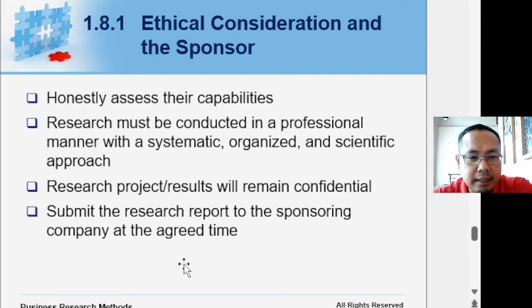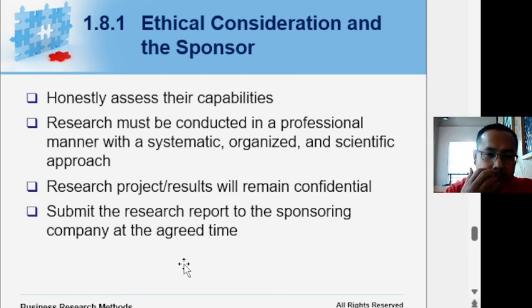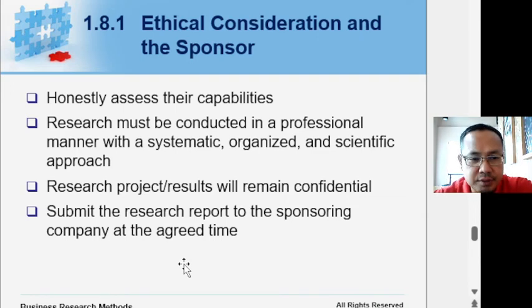And then, honestly assess their capabilities. Research must be conducted in a professional manner with a systematic, organized and scientific approach. So this is the second point here, where we are very concerned about capability.